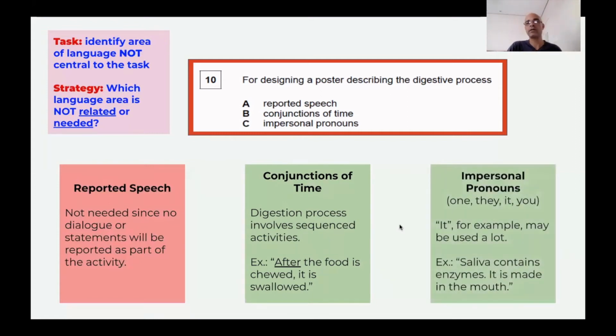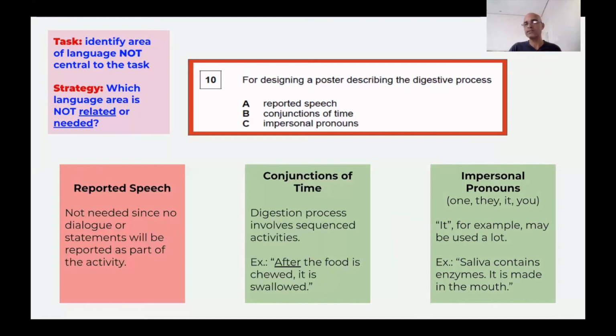Impersonal pronouns. What are impersonal pronouns? Impersonal pronouns are pronouns such as one, they, it, you, when you're referring to things or processes or abstract ideas, and not necessarily people. So it, for example, may be used in the poster. And even you, impersonally, for example, when you eat a pizza, first of all, you chew on the pizza, and then the pizza gets sent to your stomach.